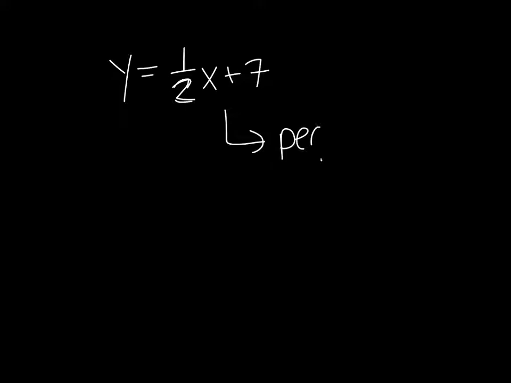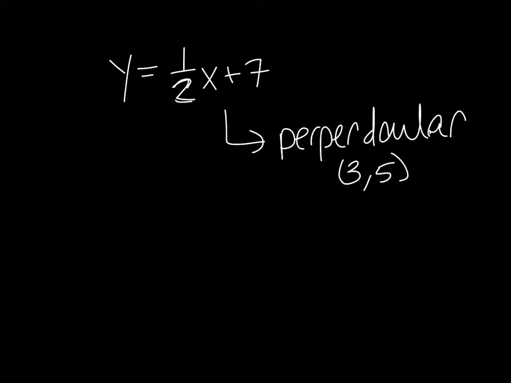Let's say I have the equation of a line, y equals 1/2 x plus 7. And I know that my line is perpendicular to it, and I know that the point (3,5) is on my line.